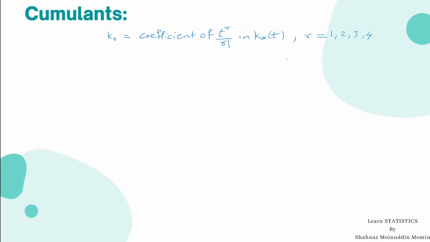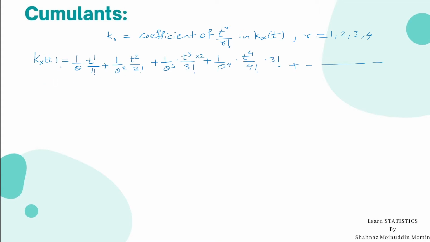Since we want the first 4 cumulants only, r may take values 1 to 4. In order to obtain the r-th cumulant k_r, we have to compare the coefficients of t raised to r by r factorial in K_X(t). So first let me write the expression of the cumulant generating function K_X(t).